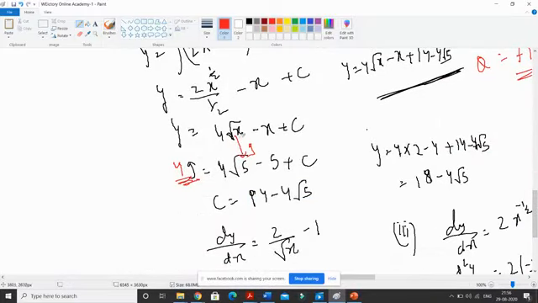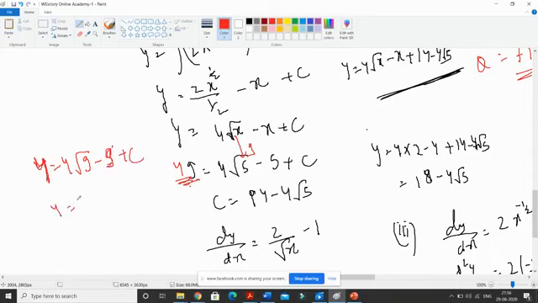Just make the correction here. I substituted the values wrong. Y has to be 4 and X has to be 9. So in this particular case, you'll get c. It's very easy then. Y is 4. 4 root 9 minus 9 plus c.